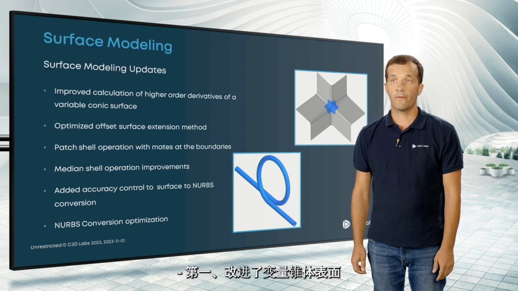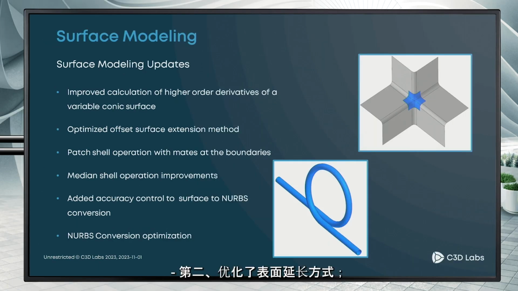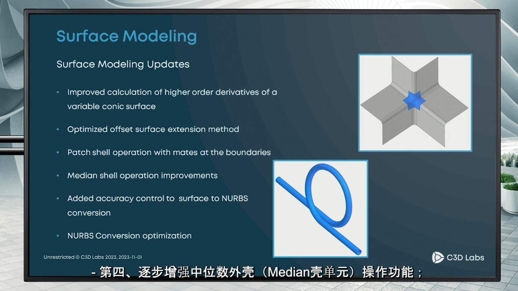First, we have improved calculation of high-order derivatives of a variable conic surface. Next, we have optimized the surface extension method. Work continues on the surface patch operation with mates at the boundaries. Next, we are consistently increasing the capabilities of the median shell operation.